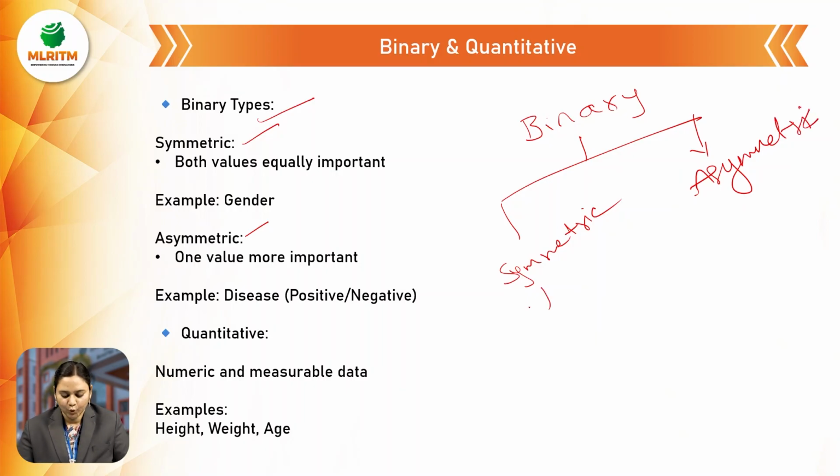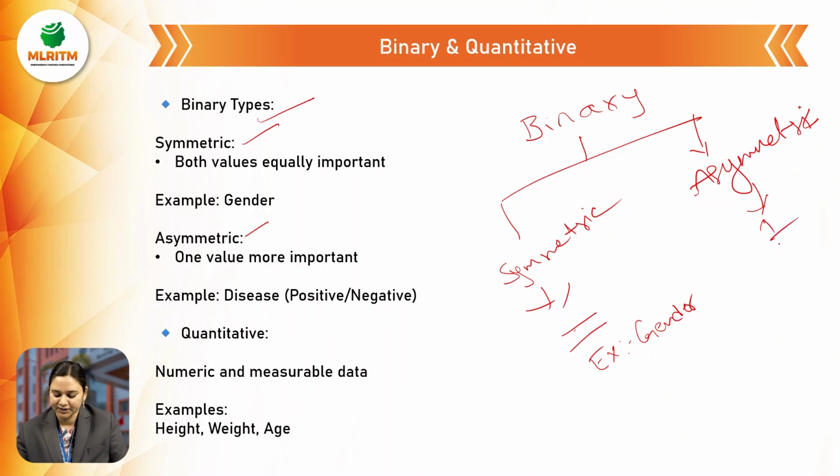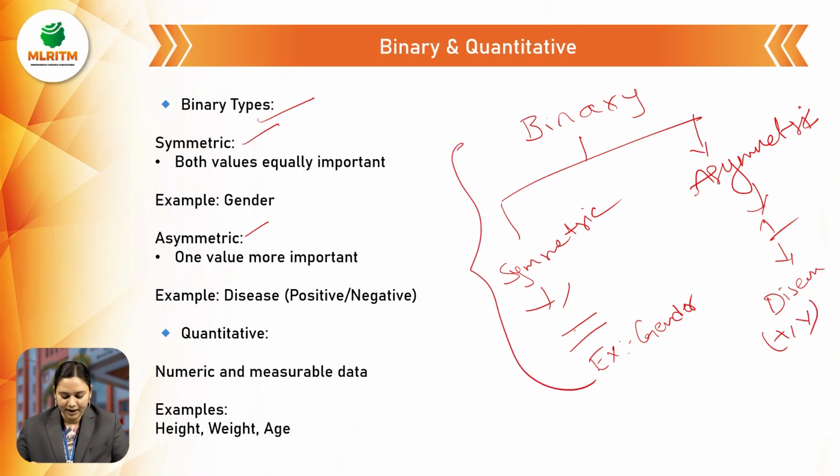In the symmetric, both values are equally important, for example, gender. But in asymmetric, only one value is important. For suppose in any test, like any disease, positive or negative. These are the binary attributes.